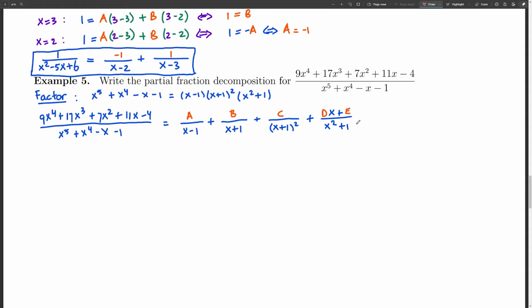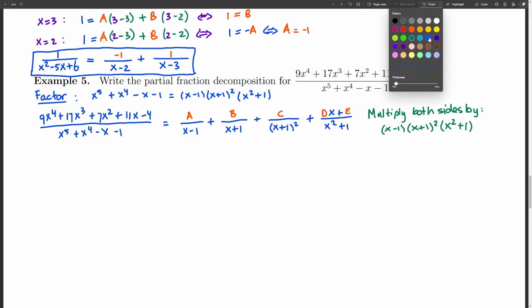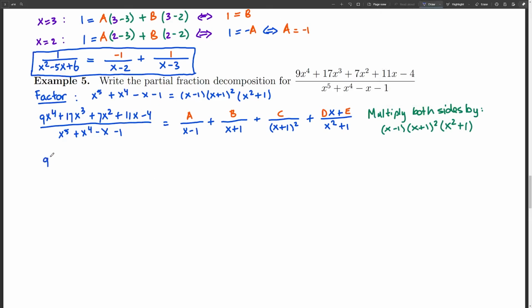So now what we do is we multiply both sides by x minus 1 times x plus 1 squared times x squared plus 1. And since that is just another way of writing the denominator on the left-hand side, we see that the denominator on the left-hand side will disappear, and we'll end up with 9x to the power 4 plus 17x cubed plus 7x squared plus 11x minus 4 on the left-hand side.